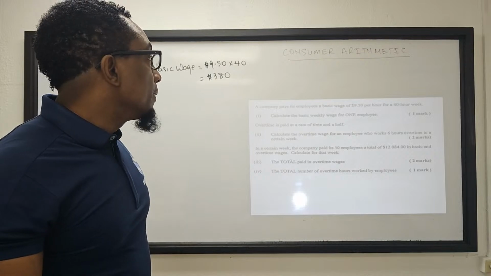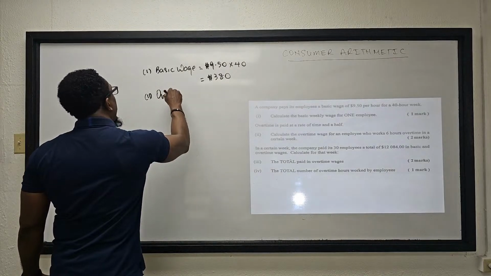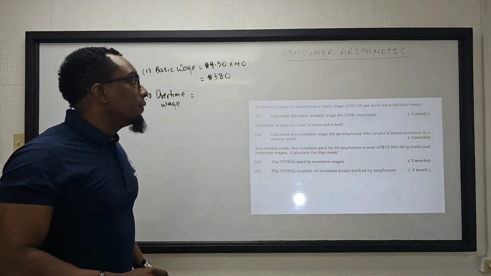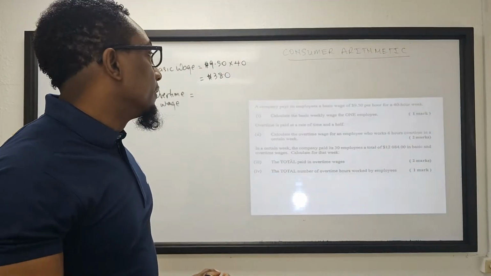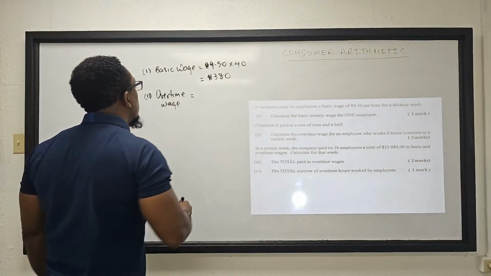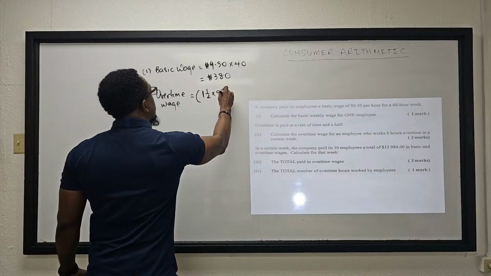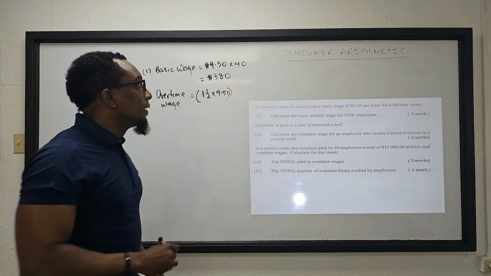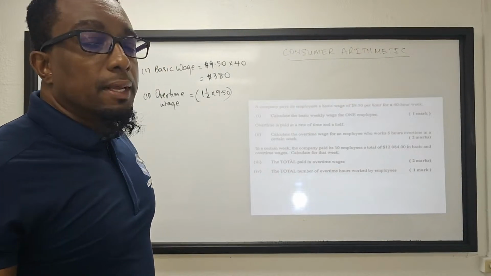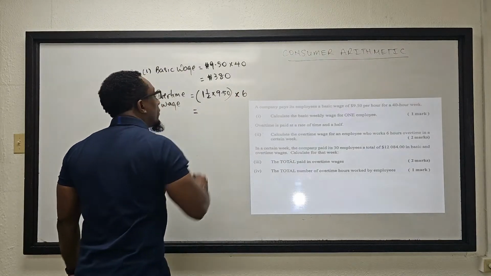So the overtime wage will be the overtime rate, which will be time and a half, 1.5 times the basic rate of $9.50, and of course the employee worked for 6 hours overtime.